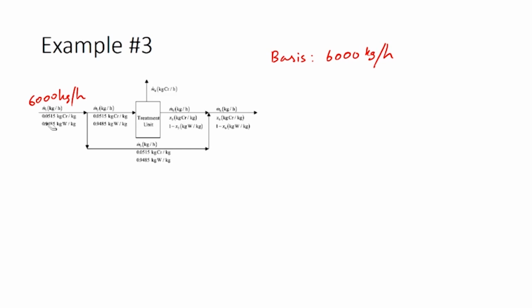This means only 4500 can actually enter the treatment unit. So, M2 has to be only 4500. We know that M2 dot is equal to 4500 kilograms per hour, because that is what the treatment plant can handle, and M1 dot is 6000 kilograms per hour.